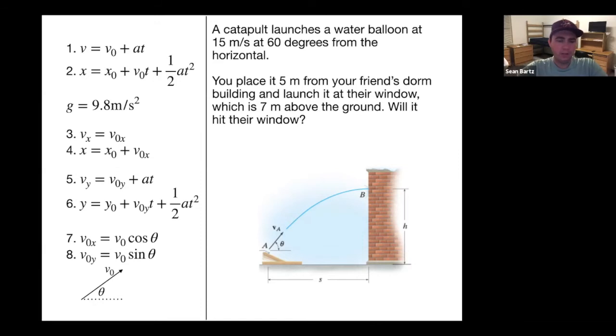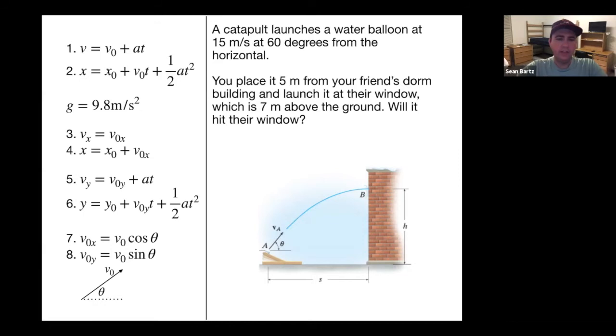And I know y naught, that can just be 0 at the ground. Initial velocity, v naught y. Well, I know v naught and I know the angle, so I can use equation 8 to get the vertical velocity. I know the acceleration is negative g.